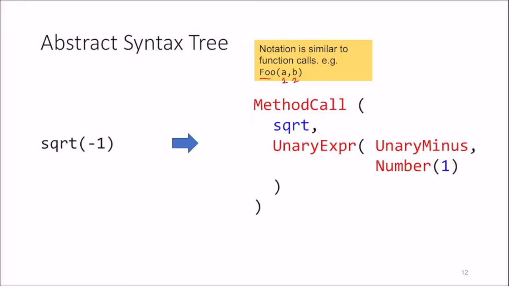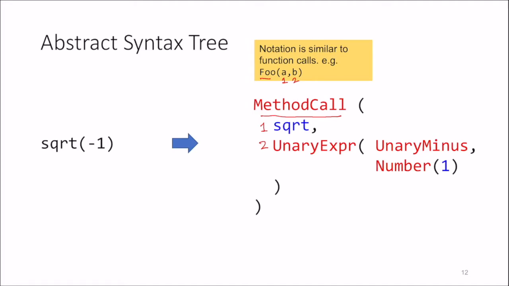This is very similar to saying that I have a function which is a method call. Its first argument is the identifier or the function name that I want to call, and then the second argument is what I'm passing as the value that I want to take a square root of, right? So this subtree over here is what is going to be the input to the square root function.